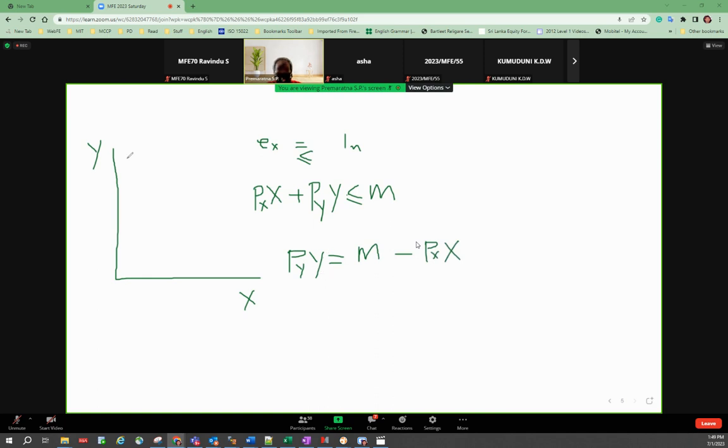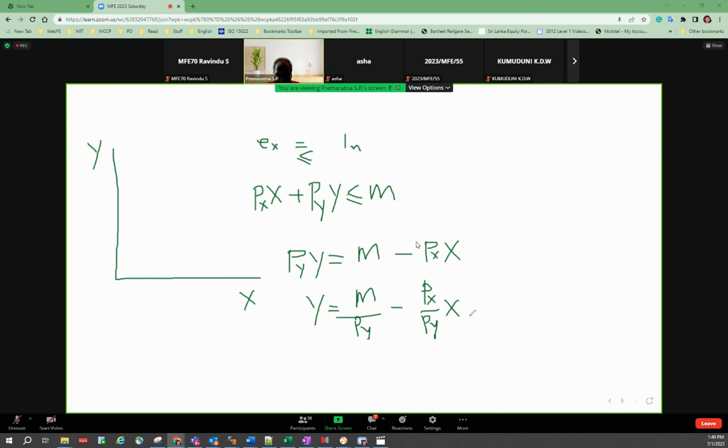So this is the y-axis, then you can make Y equal M divided by Py, minus Px divided by Py, X. Now, the important thing is you have to understand if you draw the budget line.